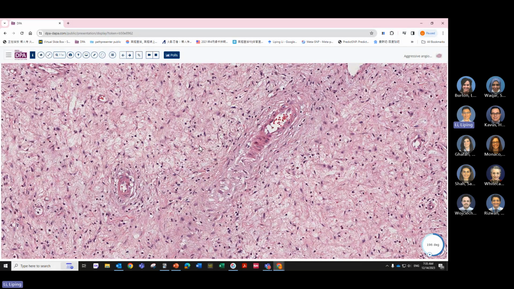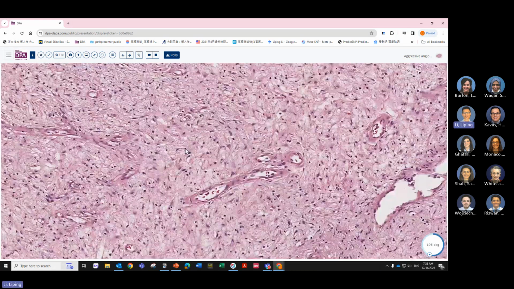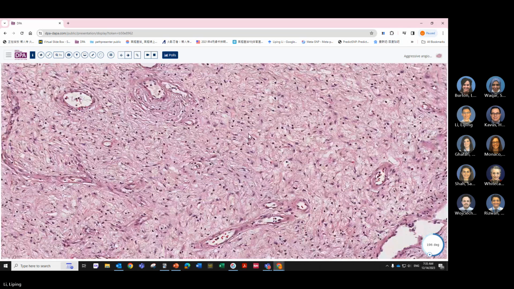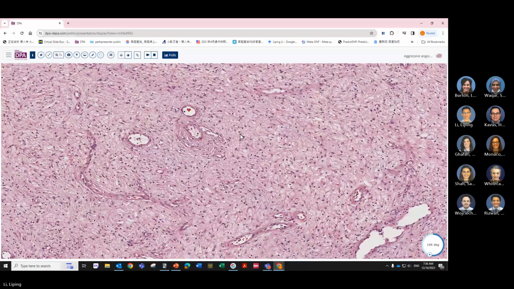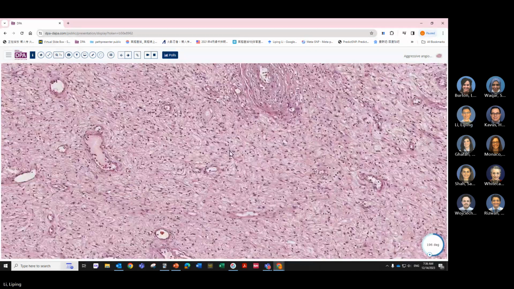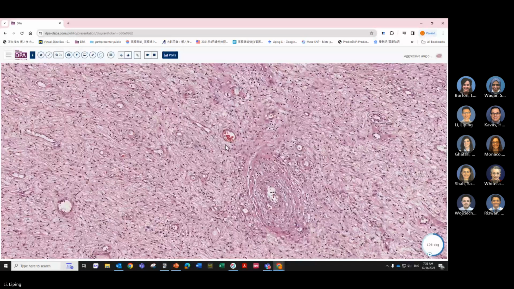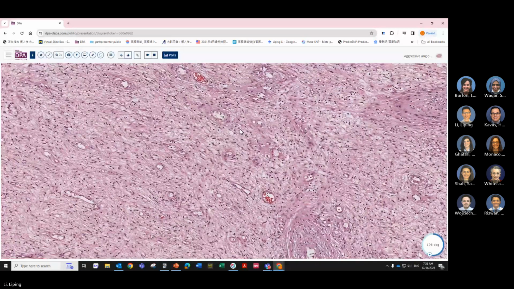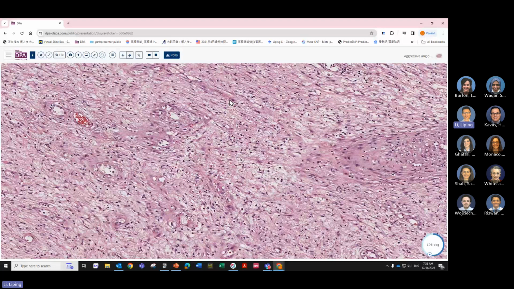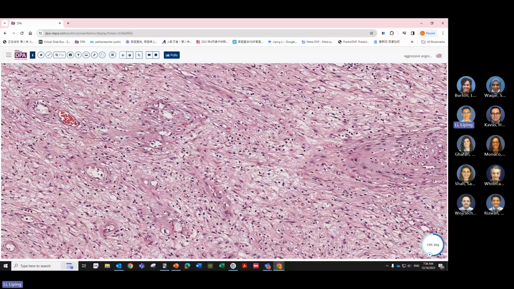And in this hypocellular area, we're trying to find that myoid bundle. Somewhat like this, the smooth muscle forming this vesicular growth.